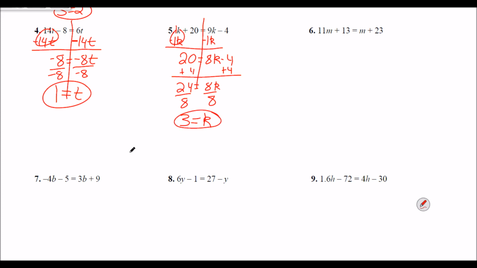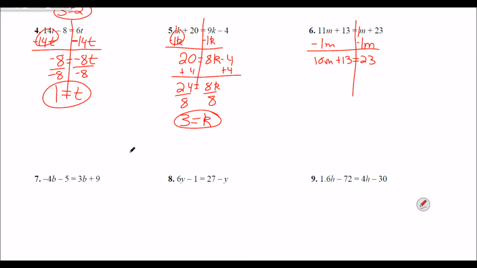Okay? Number 6, I have an 11m compared to a 1m, so 1m is smaller. So I'm going to subtract 1m on each side. That gives me 10m plus 13 equals 23.